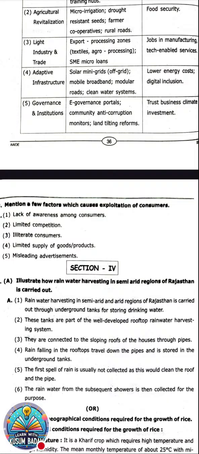Sometimes in advertisements they use popular actors, superstars, who mislead, saying this is the best one, or if you use this, everything will change. Like that they give advertisements which affect consumers. So they follow blindly. So these are a few points where consumers are getting exploited.